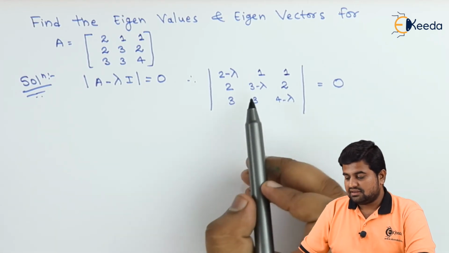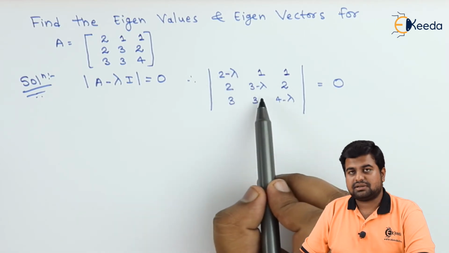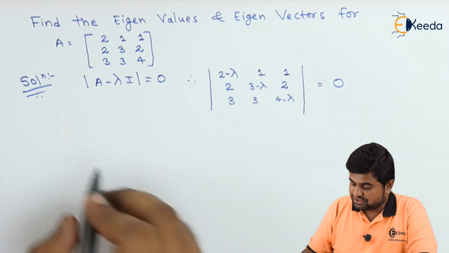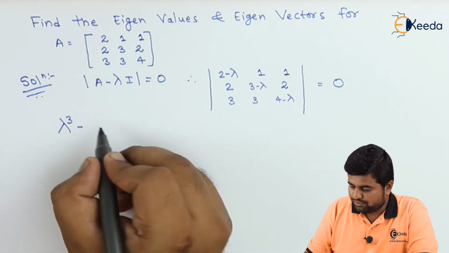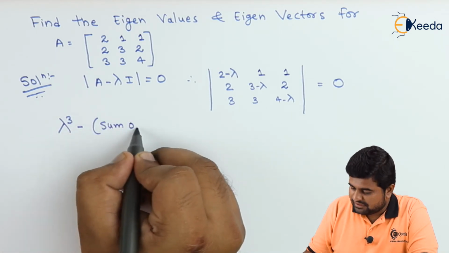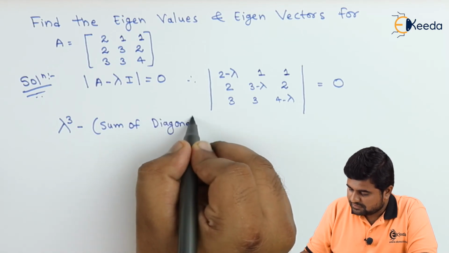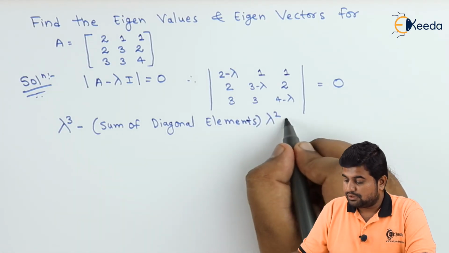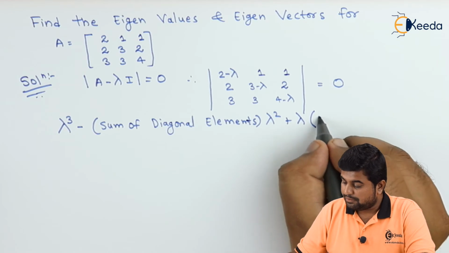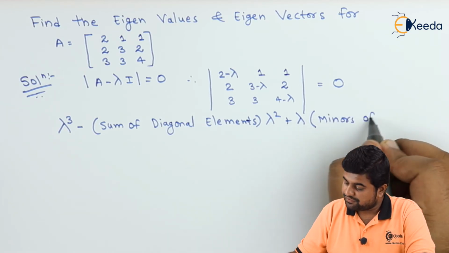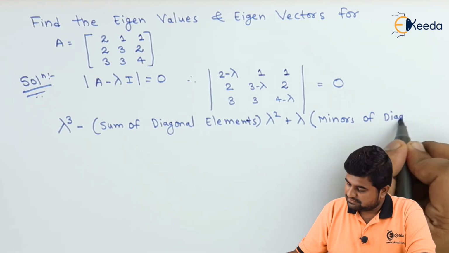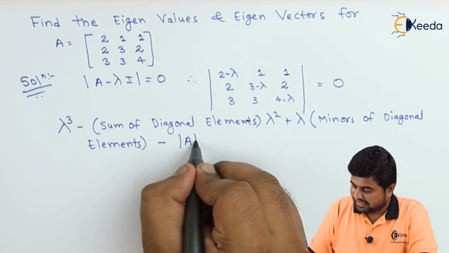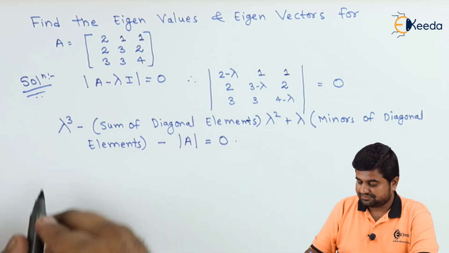Now, as I said, we won't be calculating this determinant by regular method, but will be applying special formula, which is as it is, lambda cube minus sum of diagonal elements into lambda square plus lambda into minors of diagonal elements minus mod of A is going to be 0.